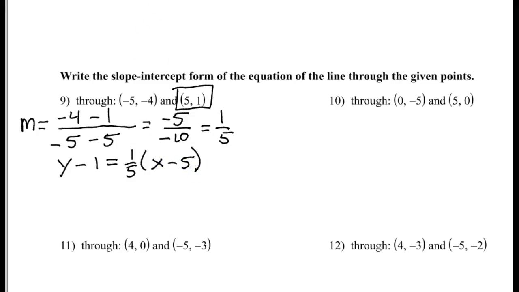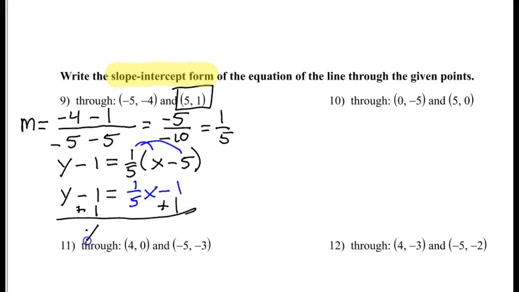This time we have to get slope intercept form. We'll go all the way. Y equals 1/5 x plus 0, and that will be the final answer.